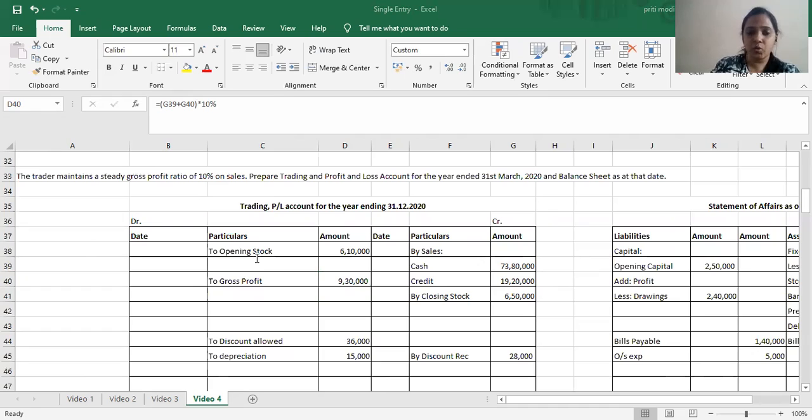So we are writing it over here, to purchase. That will be our balancing figure. So let's find out how much is our purchase.